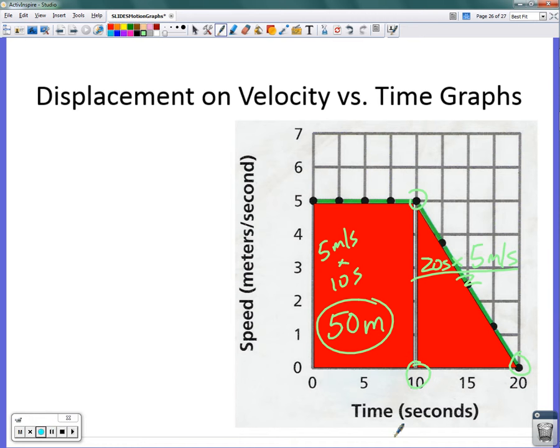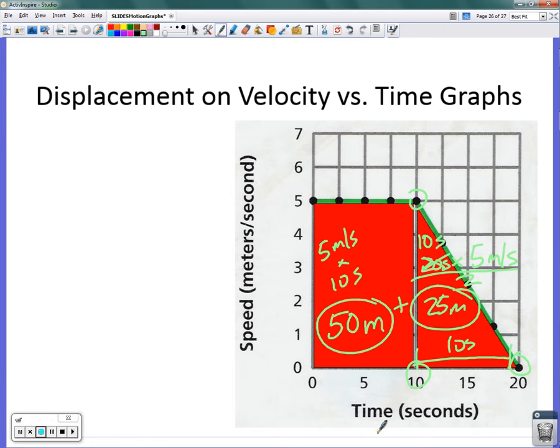It didn't start slowing down until the 10-second mark, so this is only a time of 10 seconds. 10 times 5 is 50 divided by 2. That's 25. So this object, during the entire time of this graph, would travel 75 meters as we add together the area of both of those red shapes.